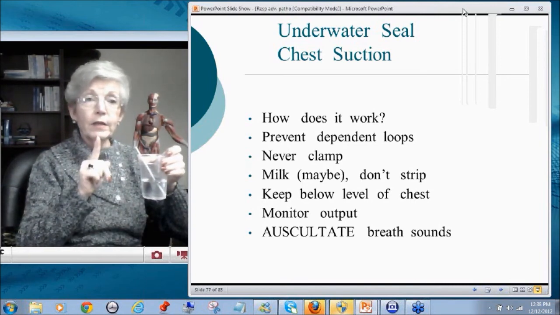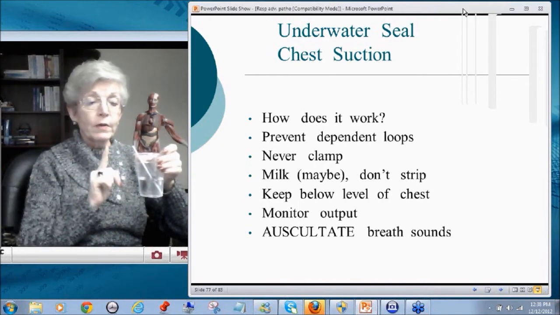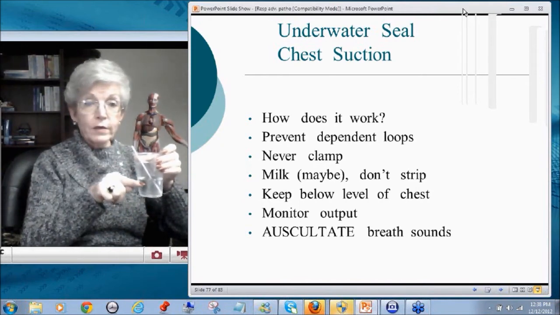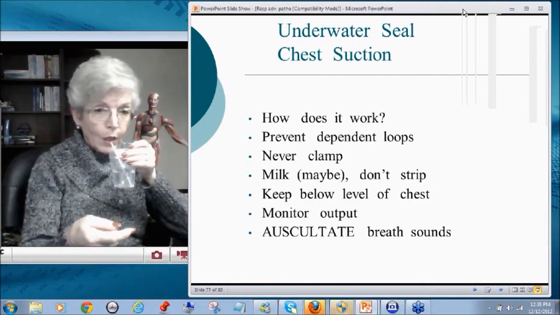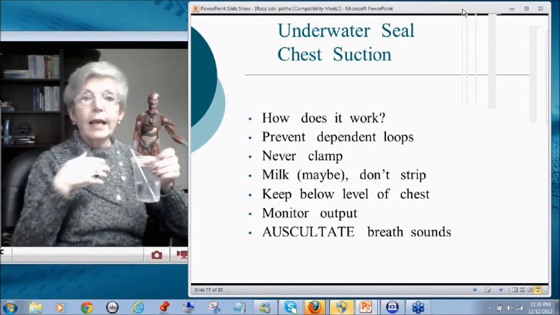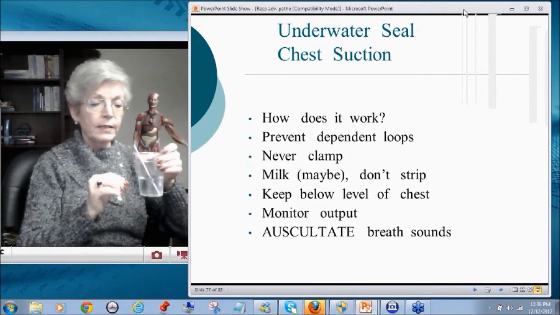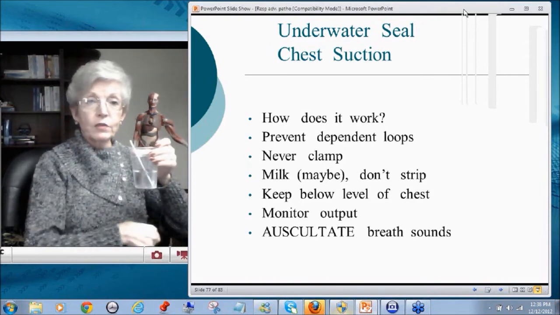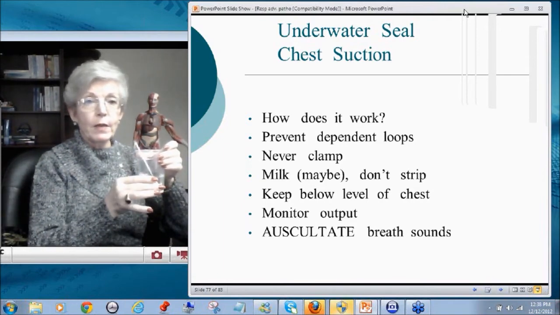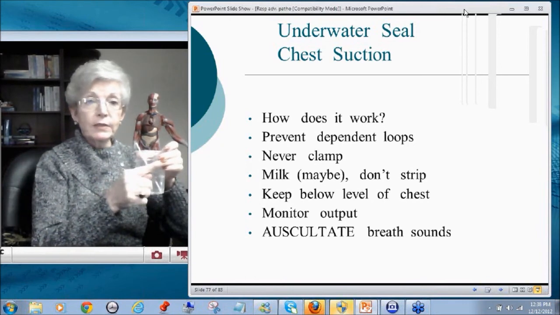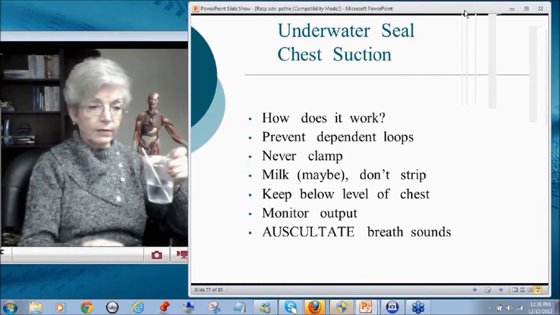If there were air in the chest, air rises, it doesn't stay in the collection chamber, it goes to the water seal chamber, and bubbles occur as the air is escaping from the pleural space on its way out to suction. So the water seal chamber is an important chamber. It prevents atmosphere from going into the chest, yet it allows air to escape out of the chest.